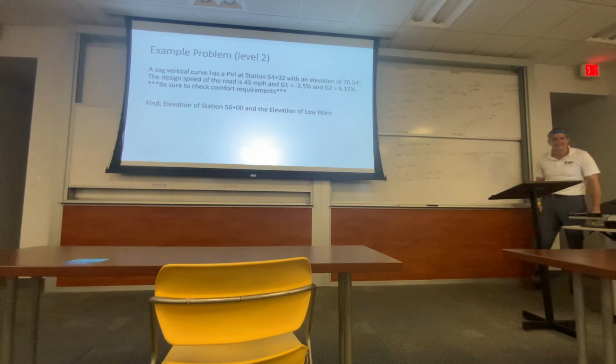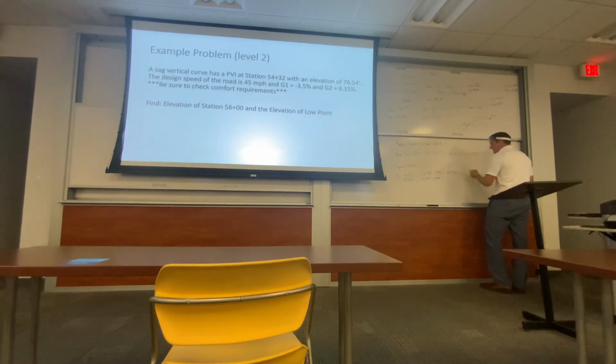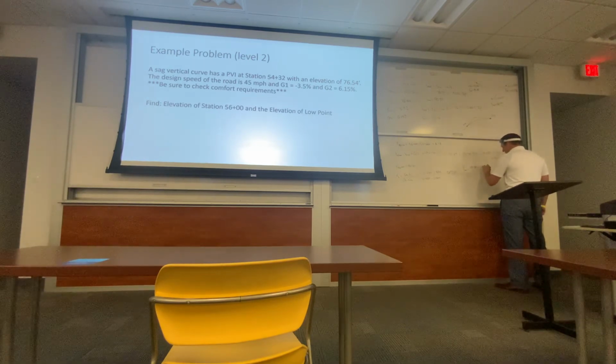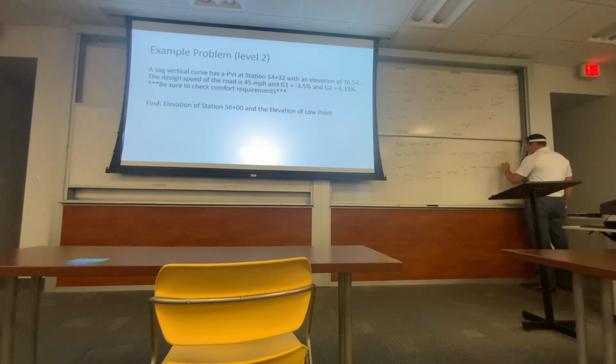All right, what do we got? 297.41. Equals 297.41. Sounds good. Okay, and then y for the low point equals 90.89 plus negative 0.035 times 297.41 plus 0.0615 minus negative 0.035 times 297.41.